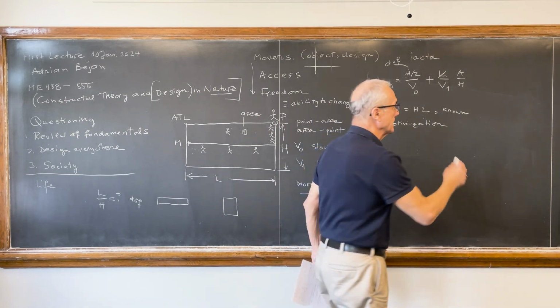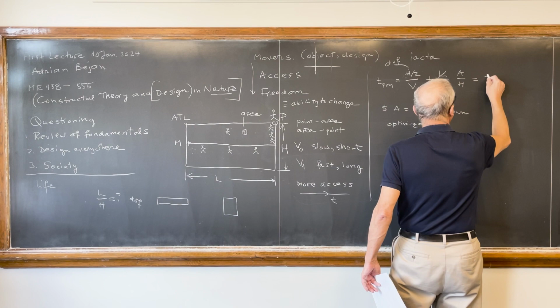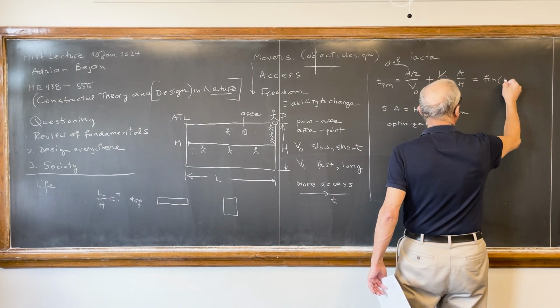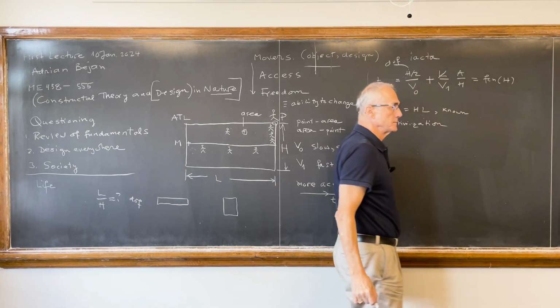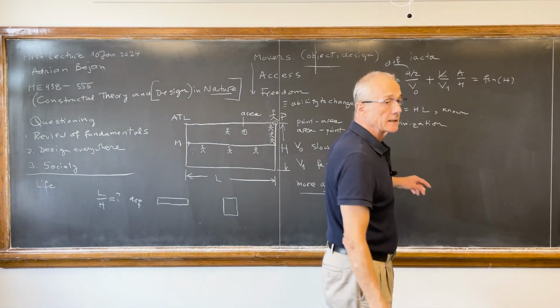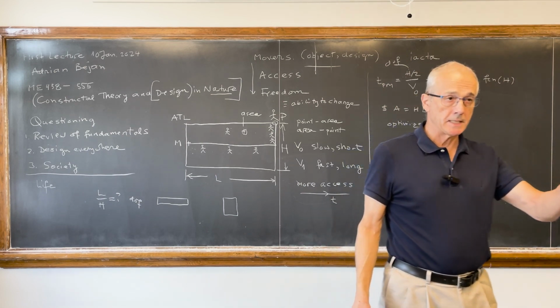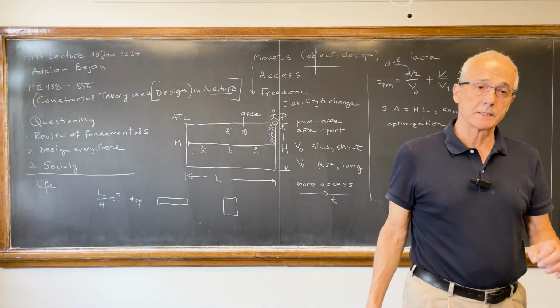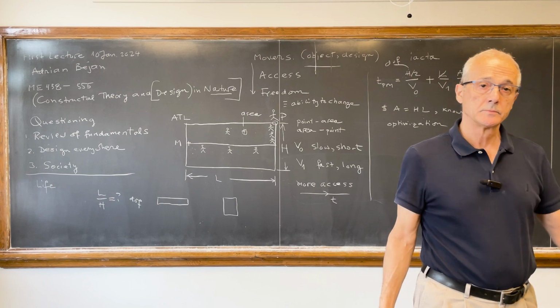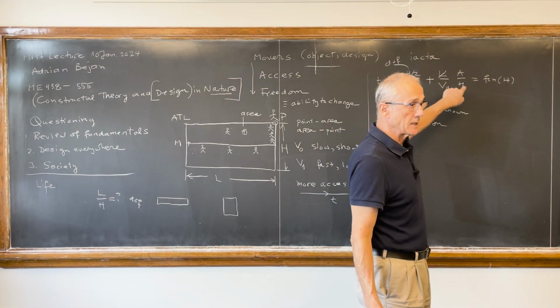And that makes the so-called measure of access a function of H only. You get the idea that these two terms vary in opposite directions when the degree of freedom is changed. If H increases, the first term increases, the second one decreases.